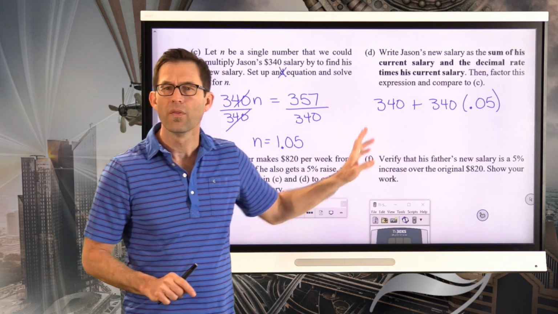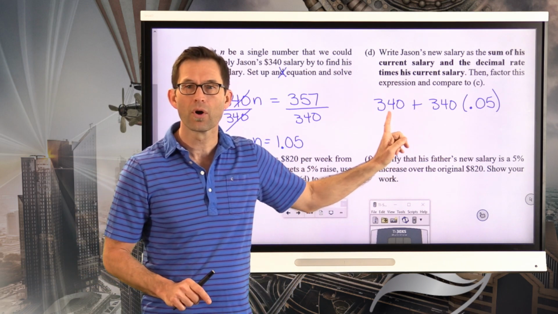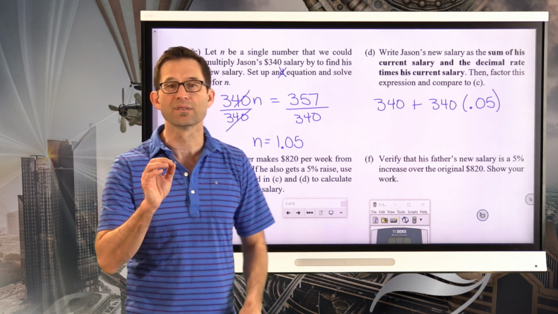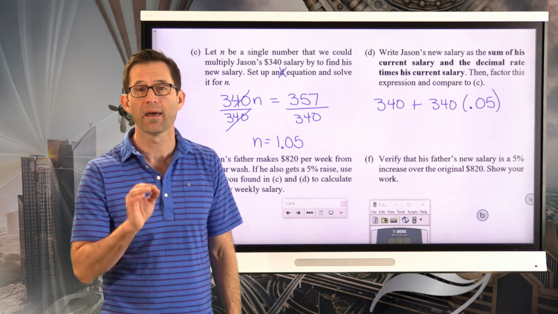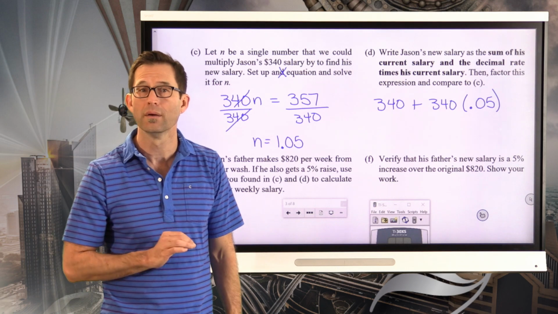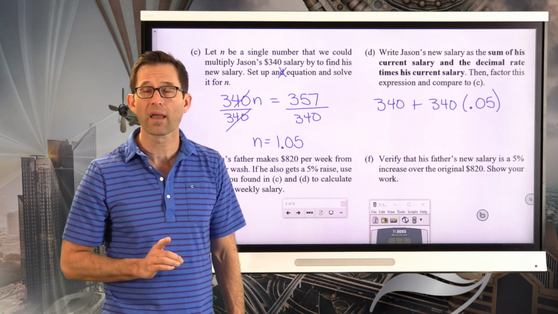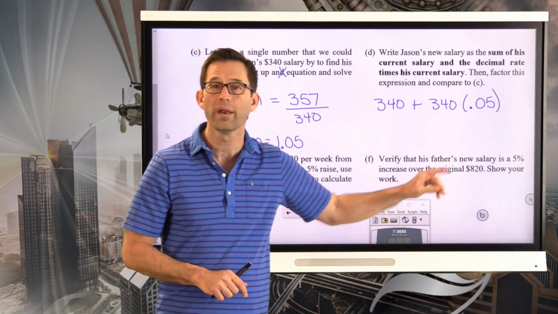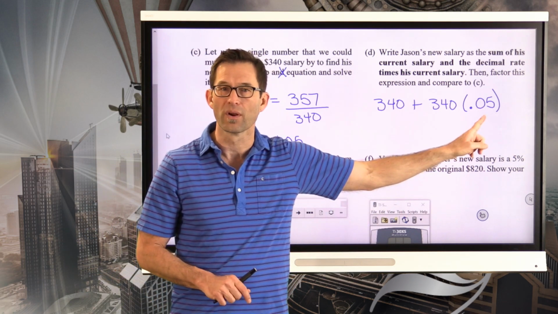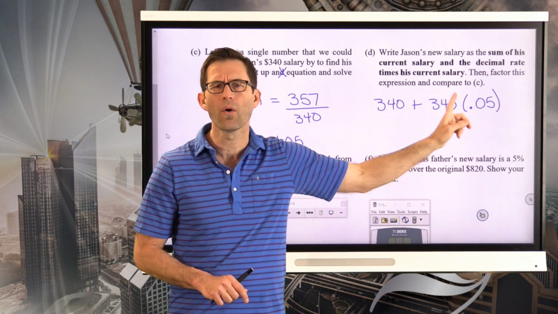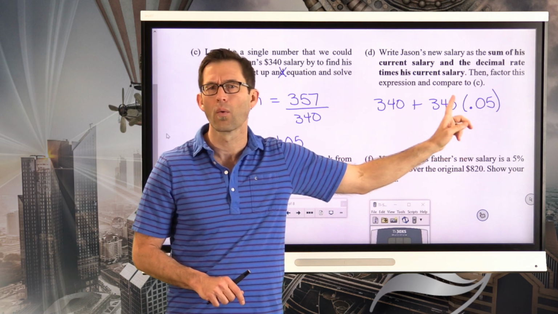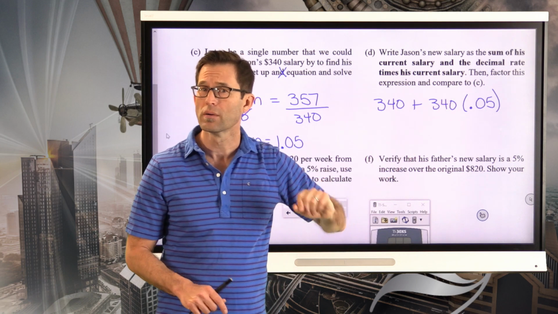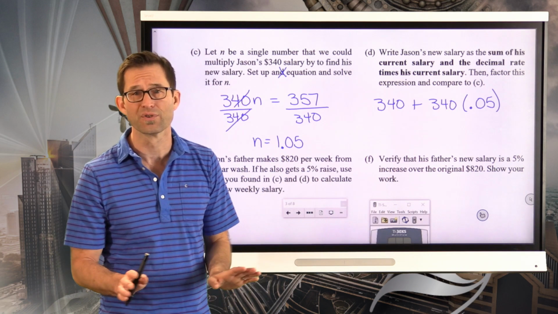But look, this structure, a number plus the same number times something, is exactly the scenario we had in exercise number 1. The only difference is that we always had a variable here. It was n or x or r or p. But here it's a number. That's fine. All variables are numbers you don't know.